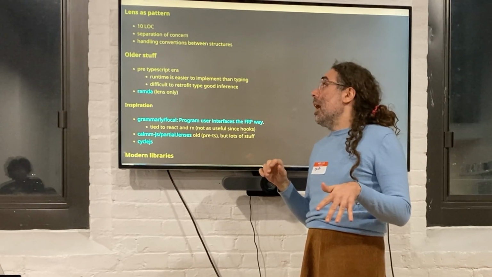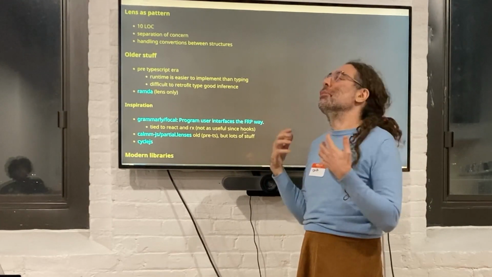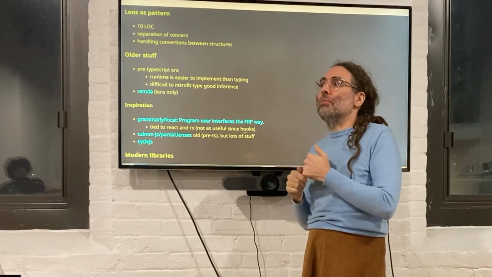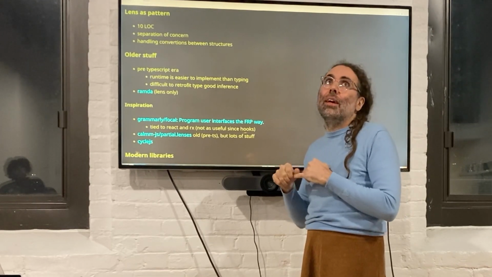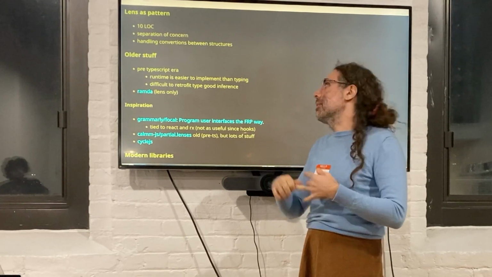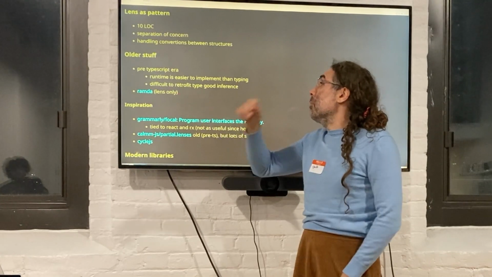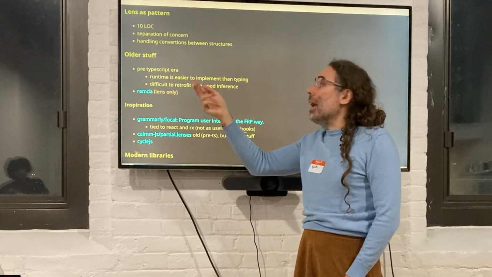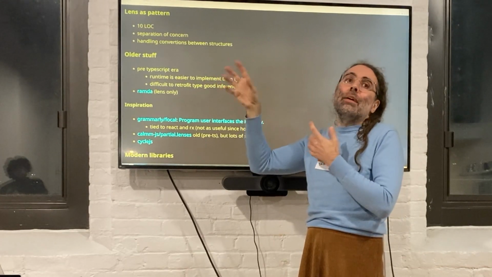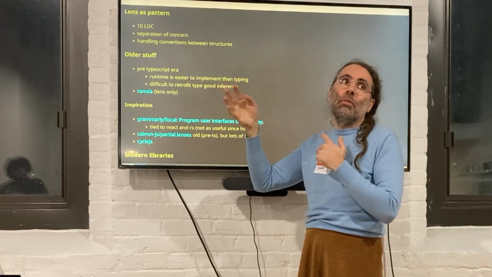The thing is, TypeScript really ruined the fun. If you try to implement a lens library, you'll see that runtime is super easy to get. What's more complicated is the typing. And it's also super difficult to just add types to those old libraries and make the inference work properly.